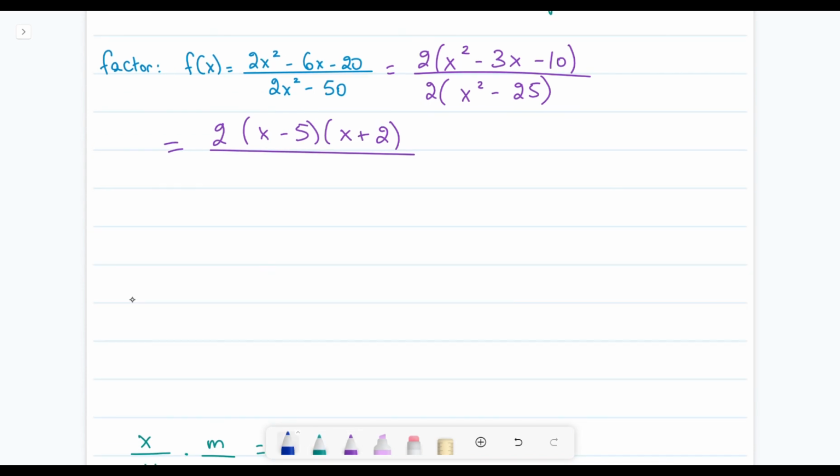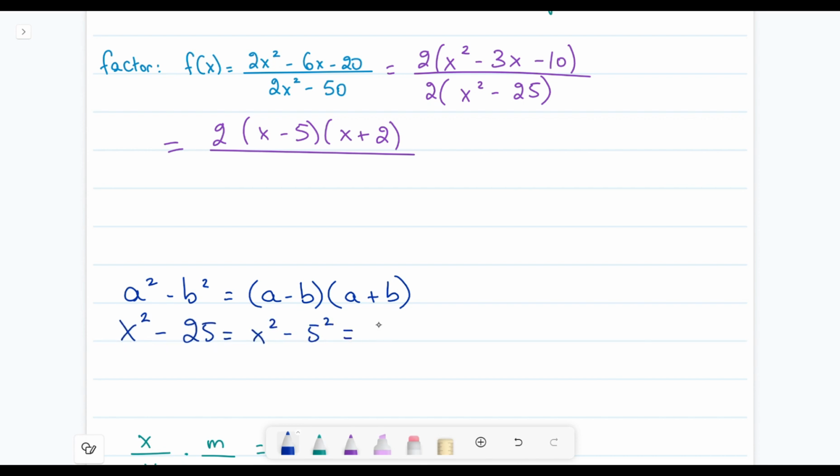so just to note that a squared minus b squared is a minus b times a plus b. And x squared minus 25 is x squared minus 5 squared, so it's equal to x minus 5 times x plus 5. So the denominator becomes x minus 5 times x plus 5.